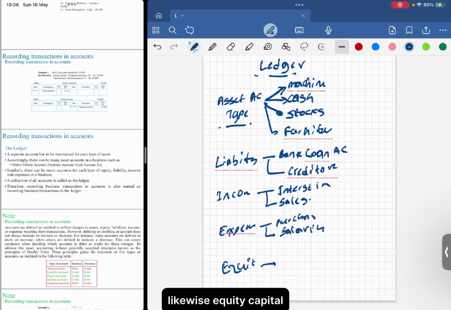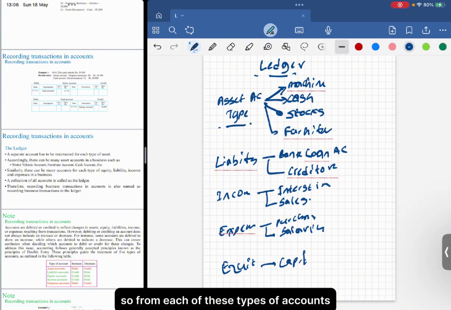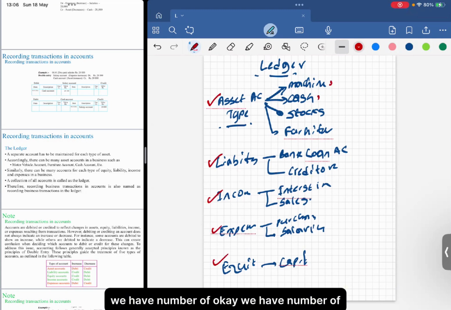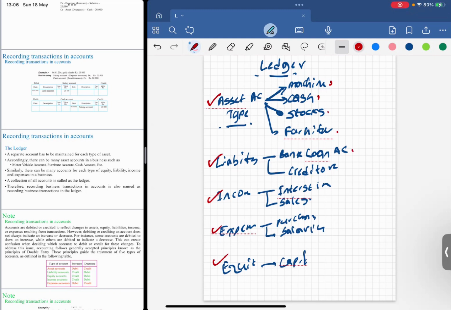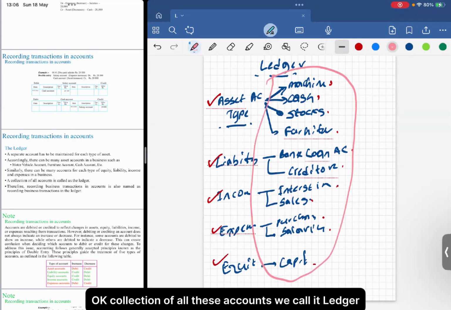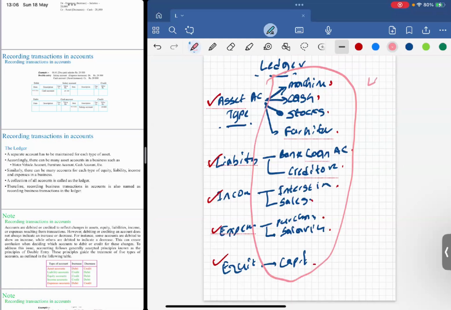Likewise, equity capital. So from each of these types of accounts, we have a number of accounts. Okay. So the collection of all these accounts, we call it ledger.